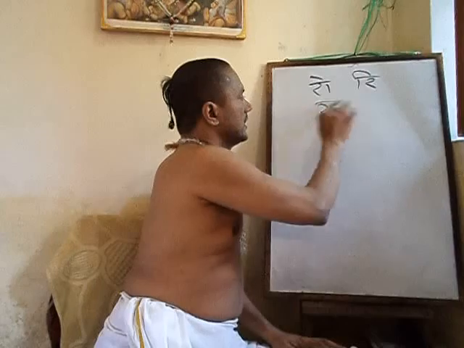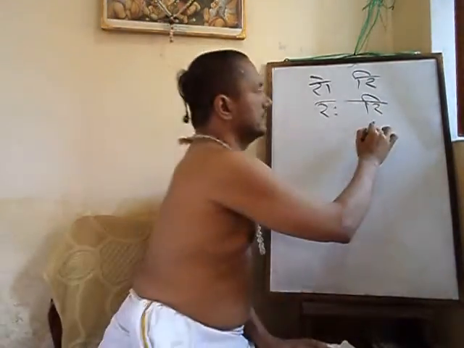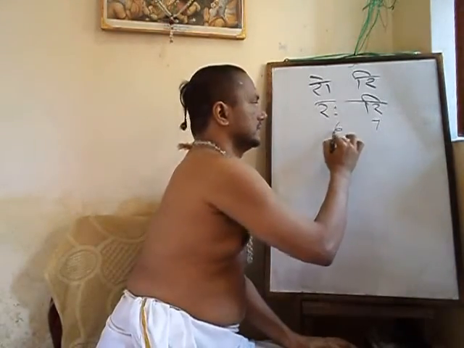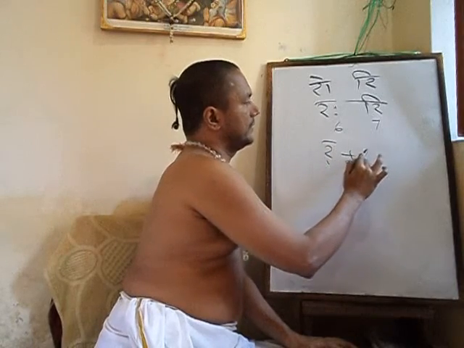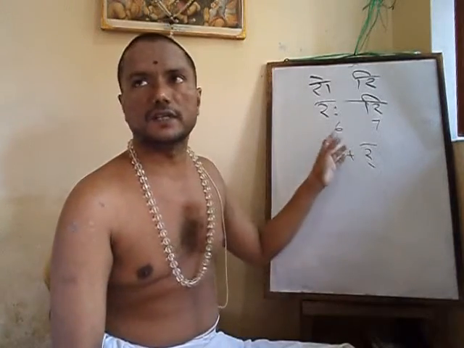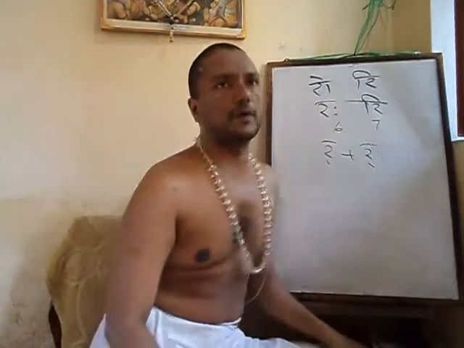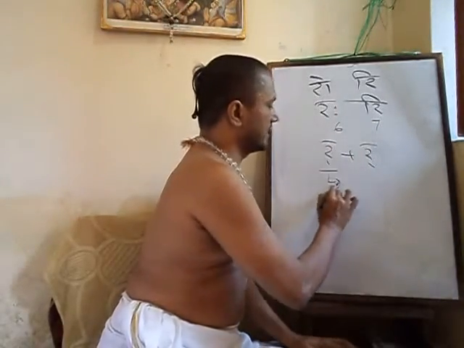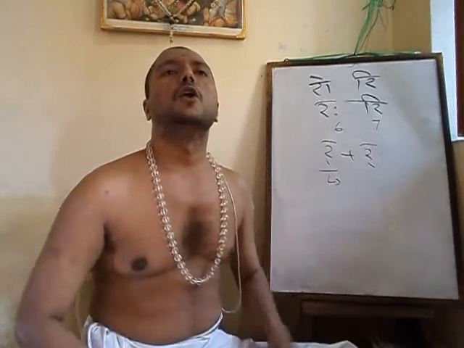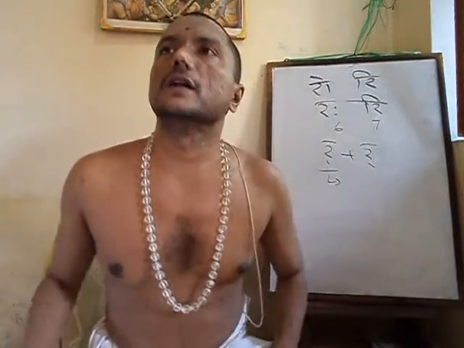Ro is Raha, Ri is seventh case, Raha is sixth case. So, Refa when followed by Refa, I am removing the Vivaktis. When 6 is followed by 7, what happens to 6? It is not said in the Sutra. From Dhodhe Lopaha, we have Lopa.